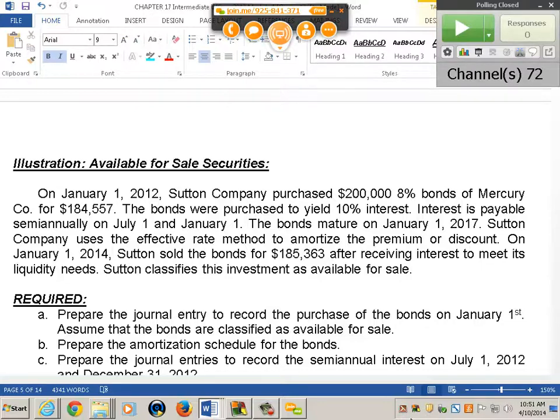And these bonds are semi-annual, so the cash interest or the coupon interest is $8,000. They buy the bonds for $184,557.